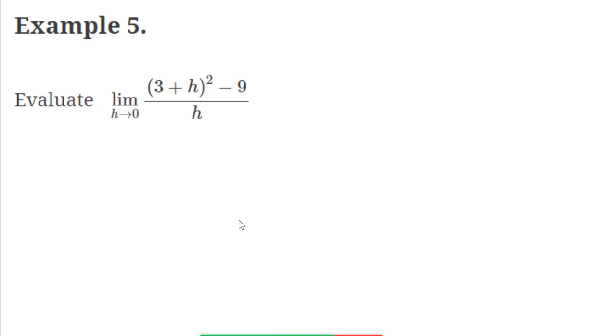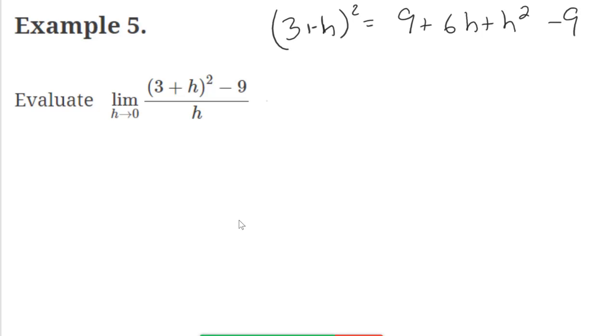Let's do the 3 plus h squared on the top. So 3 plus h squared would be 9 plus 6h plus h squared. And then if I subtract 9 from that, I would have just h squared plus 6h over h, which then works out to be h plus 6.